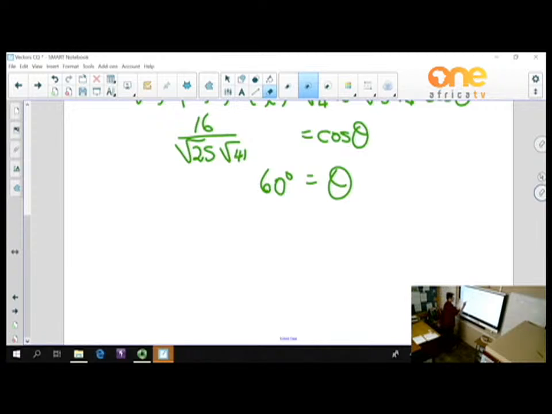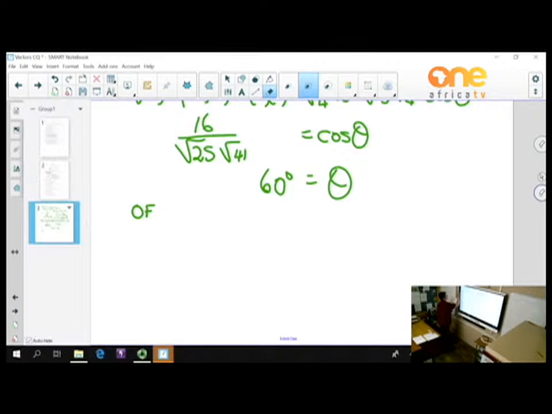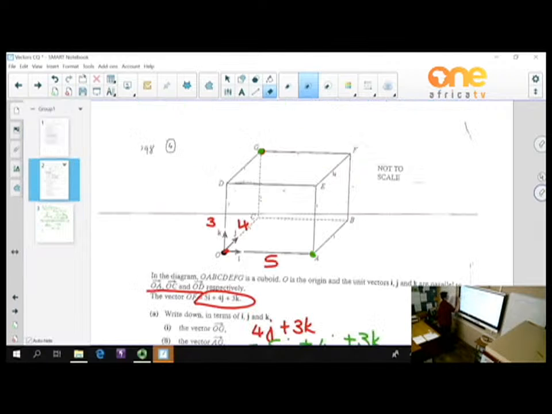So that means I need to find the midpoint of OF. Now, if you look at that original sketch again, let's look. I need to find OF. So the midpoint here will now be a half of this, halfway up. That will give me that midpoint there.